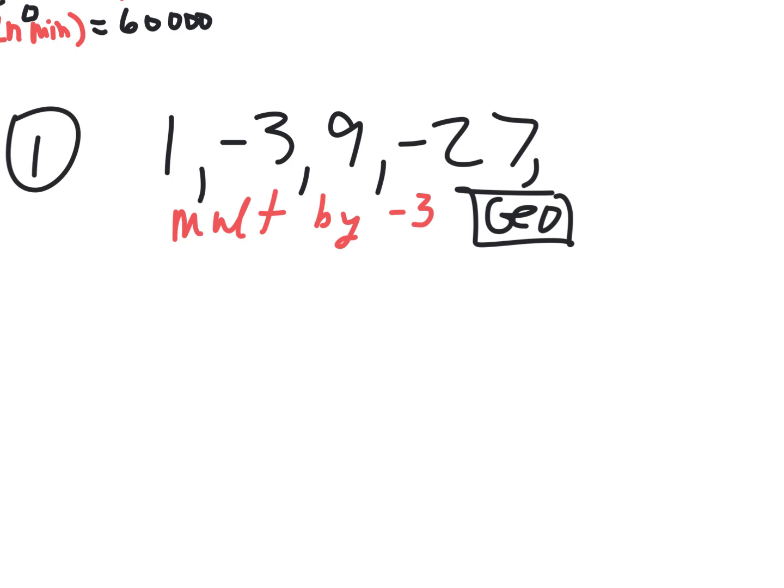Negative 27 times negative 3. Just keep changing your negatives until you use the right kind. And if you get 81 to pop up, you did it right, because negative 27 times negative 3 is 81.